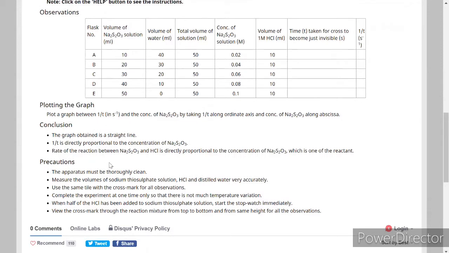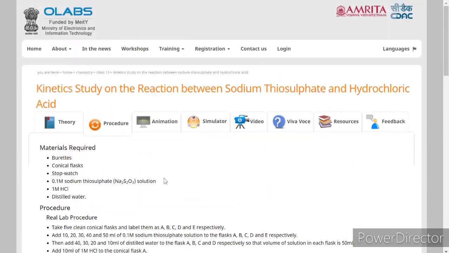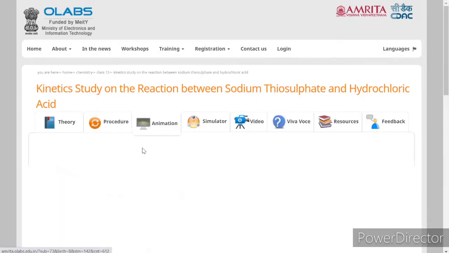The precautions are the things that we should be concerned about in the actual experiment. After knowing the procedure, we go to the animation.